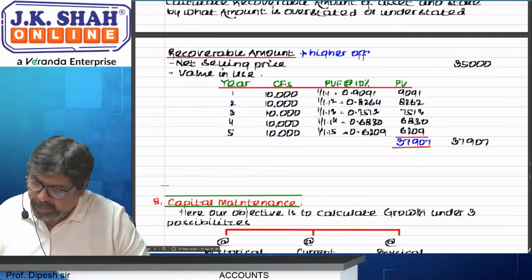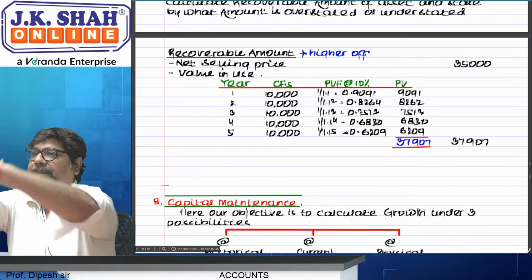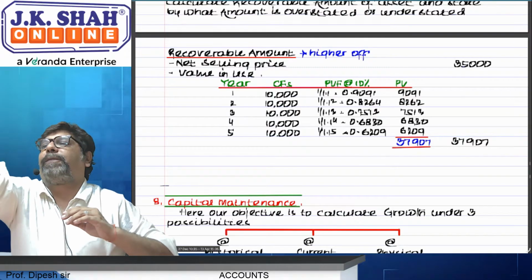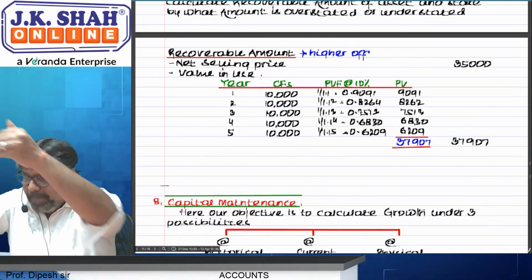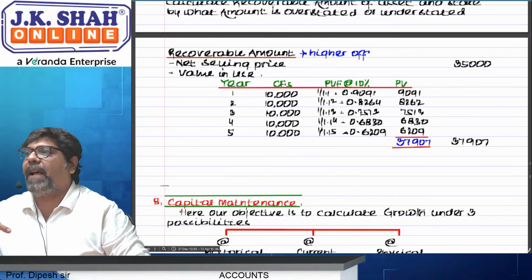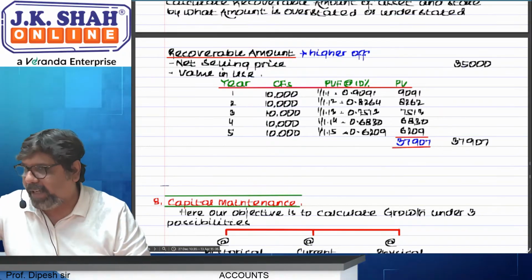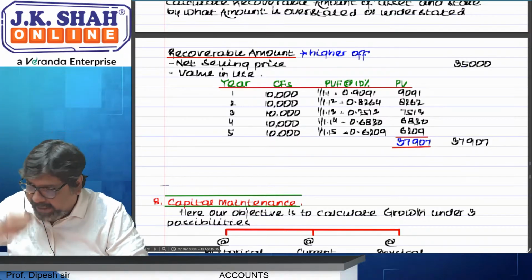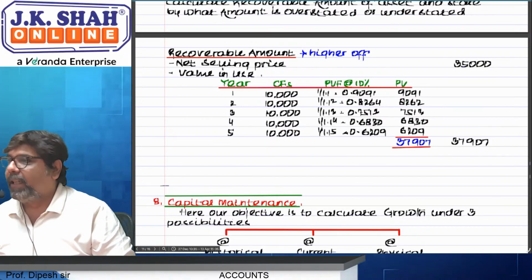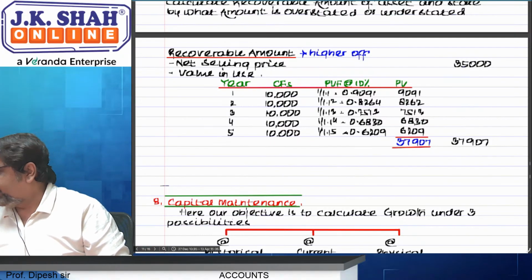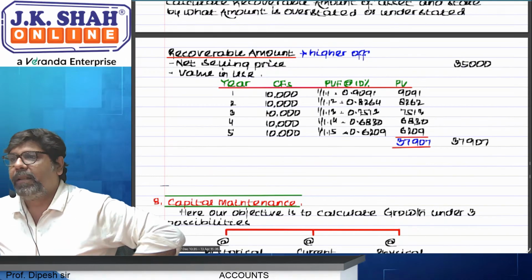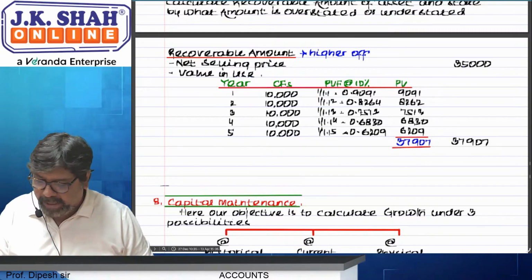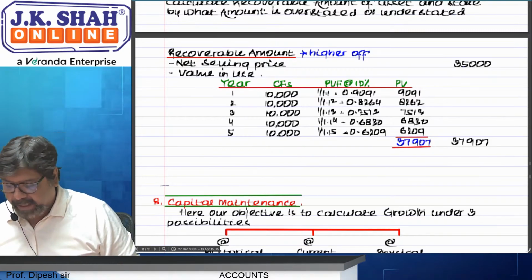That means 10,000 I will get in 5 years, yes or no? 1, 2, 3, 4, 5 years I will get 10,000. If instead of getting every year 10,000 for next 5 years, I get the entire amount today, how much will I get? 37,907. So if I sell the asset, I will get 35,000. And if I use the asset, I will get 37,907.